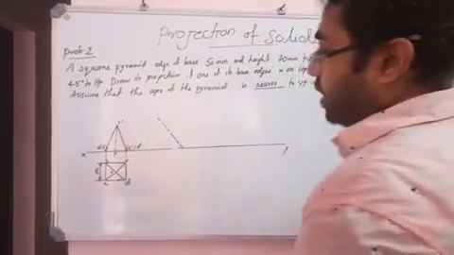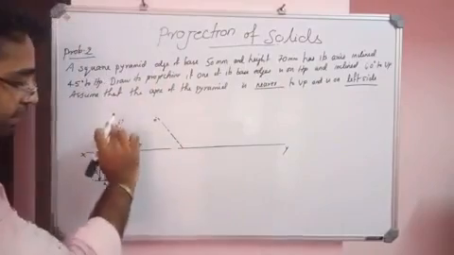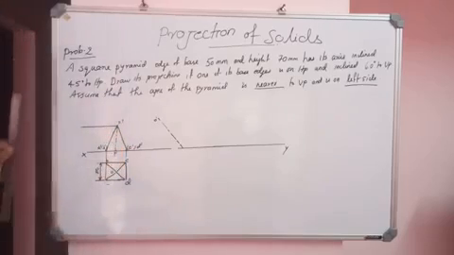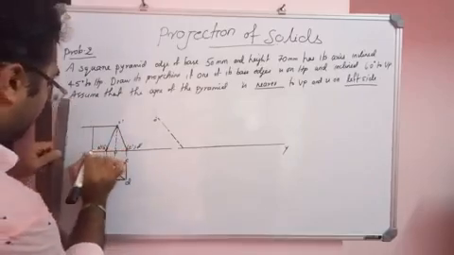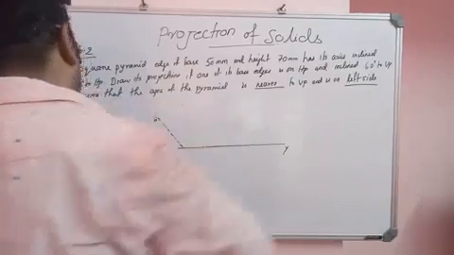Now the axis you can see, and you can name it O dash, and the height we are denoting here is 70 mm.